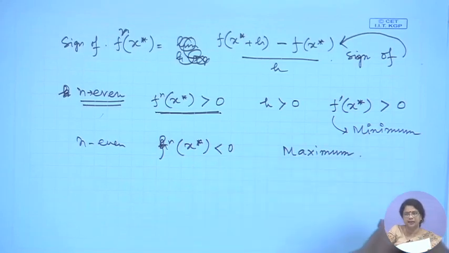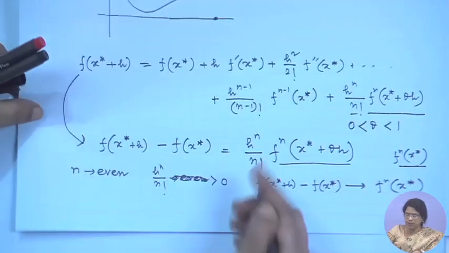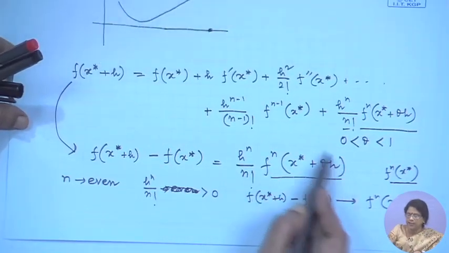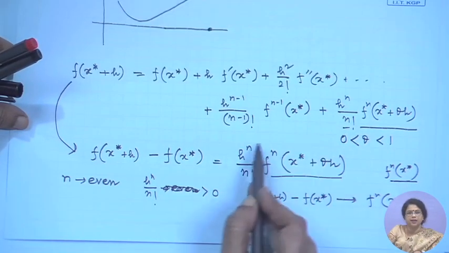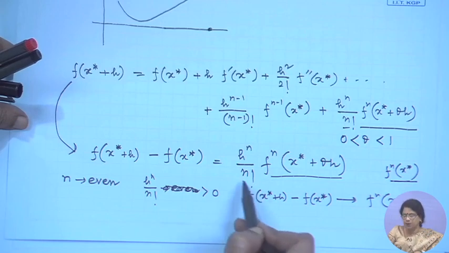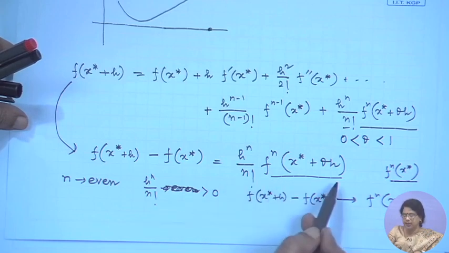Is it clear? Okay. But when n is odd, look at this function. If n is odd, we cannot say anything from here. Okay. That is why we are not able to see.